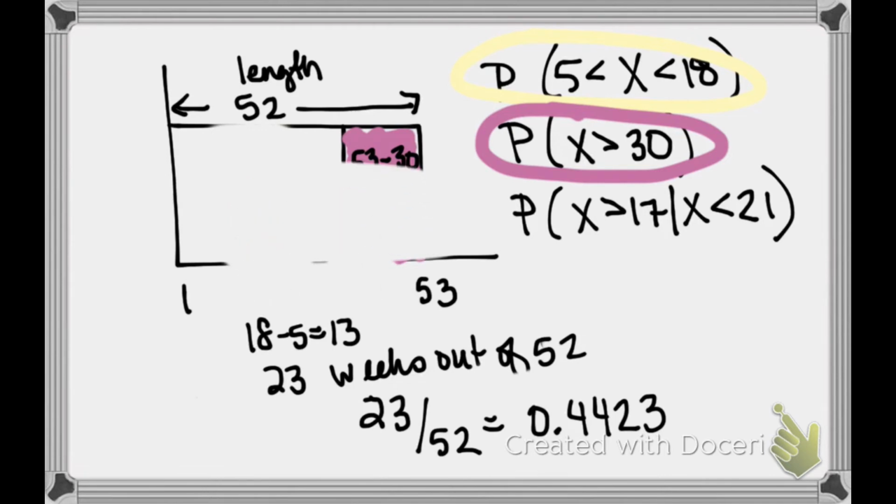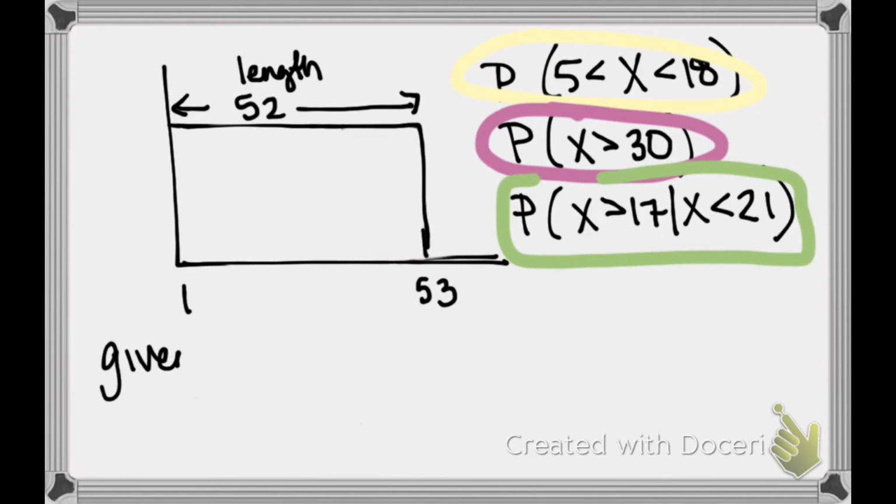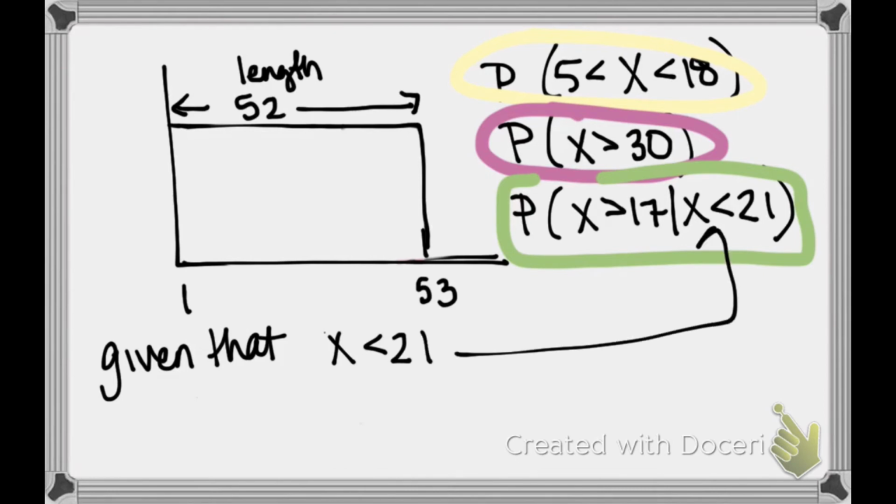Okay, so let me erase all of this so I can clean up my screen a little bit. And the next one we want to do is the probability that x is greater than 17 given x is less than 21. So this is like we go to a fortune teller, and the fortune teller says, I know that this car accident is going to occur in the first 21 weeks, or actually where x is less than 21, and I believe that's the first 20 weeks.